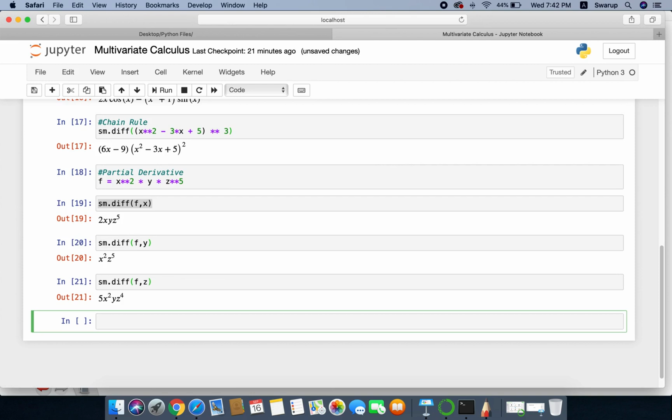It is giving us 5x square y z to the power 4. So this is how we have divided the function into three parts and found the differentiation for each part. Then we can just add it up: 2x y z5 plus x square z5 plus 5x square y z4. It will be the derivative for that entire function. This is how we can work with partial derivatives in the SymPy package.